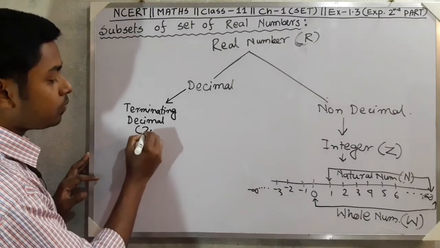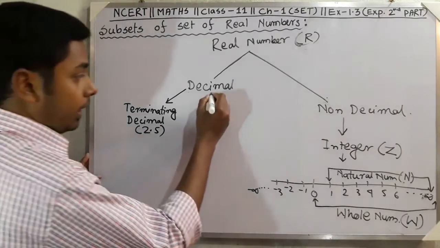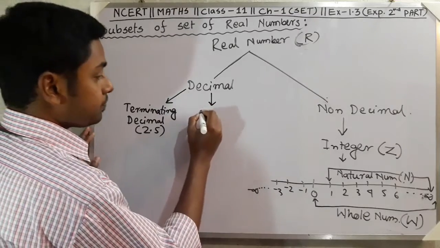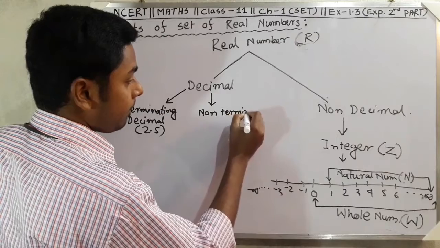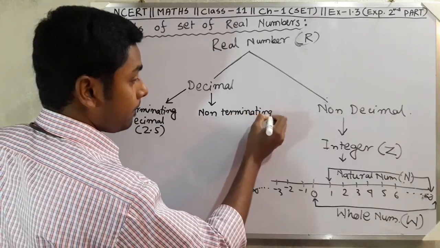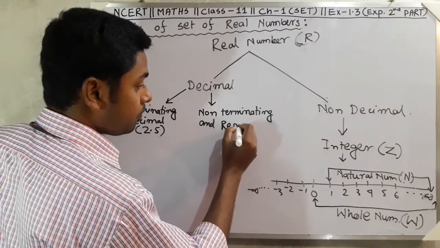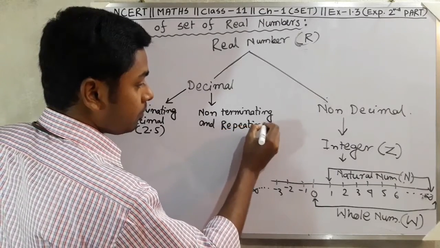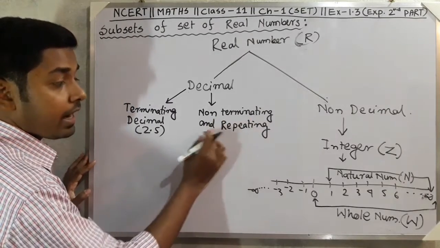As an example, 2.5. And we can take non-terminating and repeating.